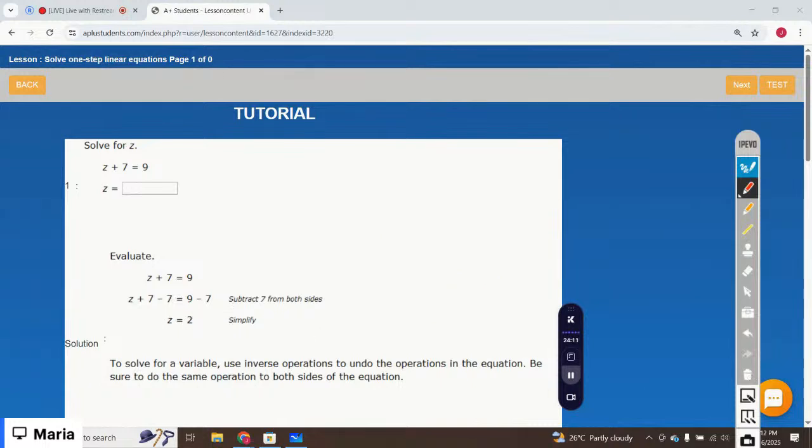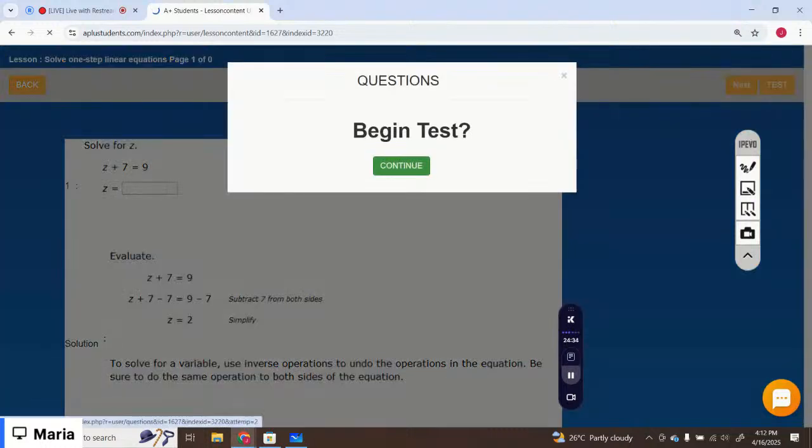So Z equals 9 minus 7. Nine minus 7 is 2. So the correct option is Z equals 2. Let's start with the test questions.